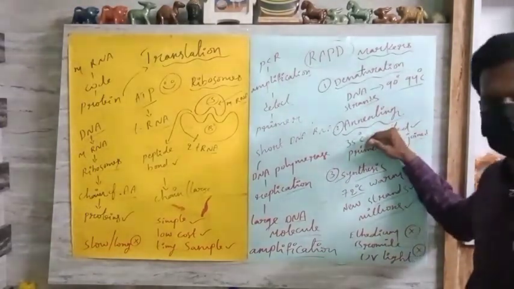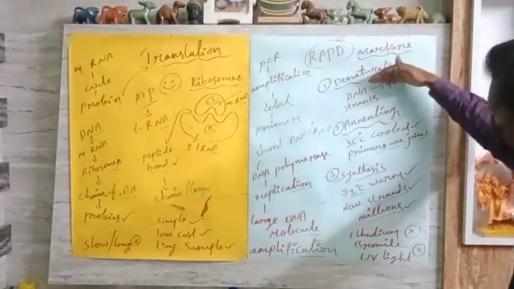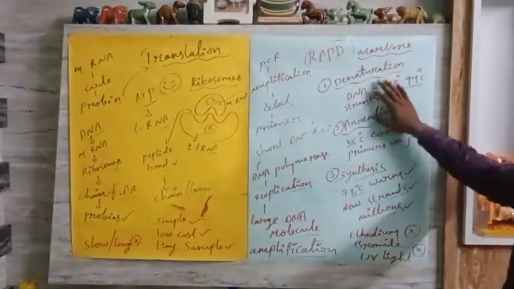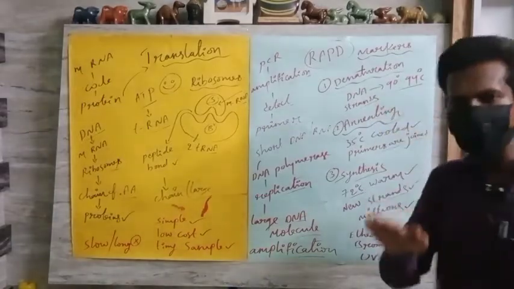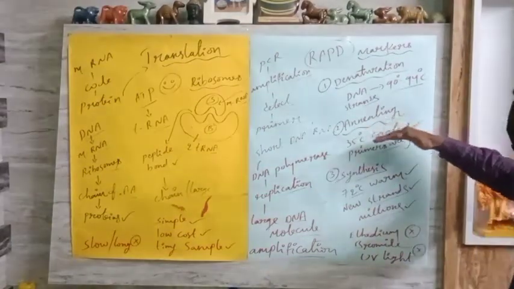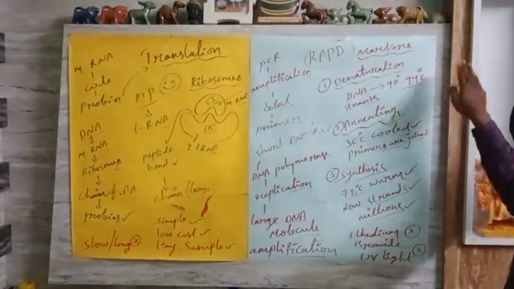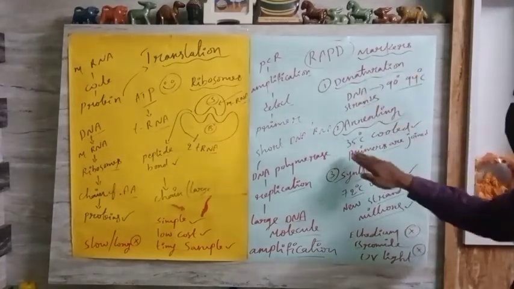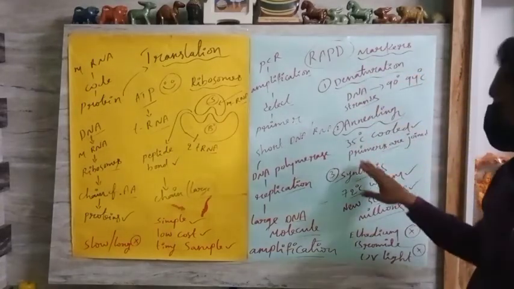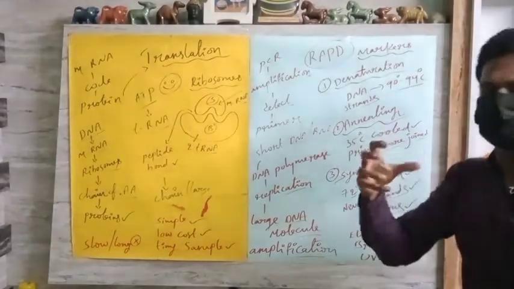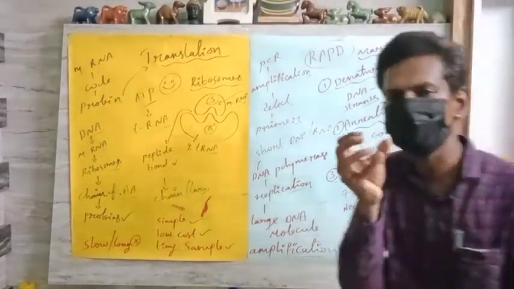After that, the second step is annealing. In this second step, the temperature is greatly reduced and the DNA strand is cooled down. Whenever the DNA strands cool from 94 degrees Celsius down to 35 degrees Celsius, the primers present in the strands are joined together.